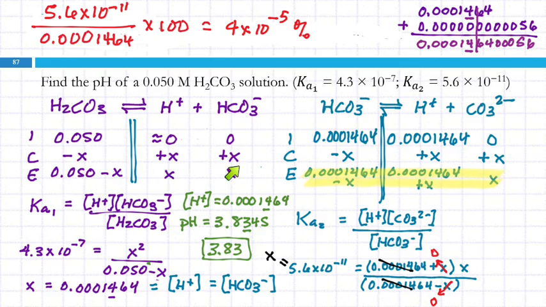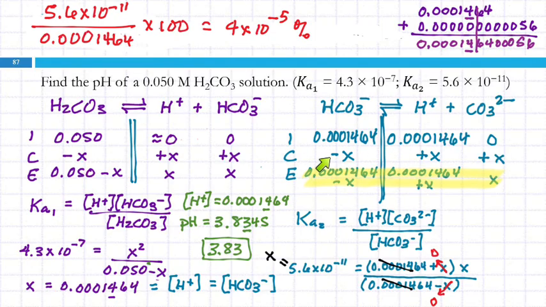So this was X and this is X. X was that number. So here we've got the original value of X, the original value of X, and 0, because these were produced by the first ionization. Everybody okay with that? So these come from the first ionization.